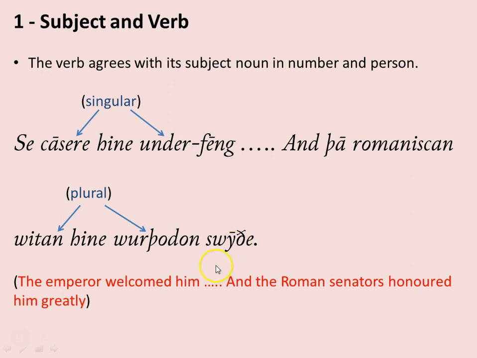Literal translation there, but notice that witan, the Roman senators, is a noun in the plural, and so the verb, honoured, must also be in the plural. Casere, the emperor, is in the singular, and so welcomed, underfeng, must be in the singular as well.